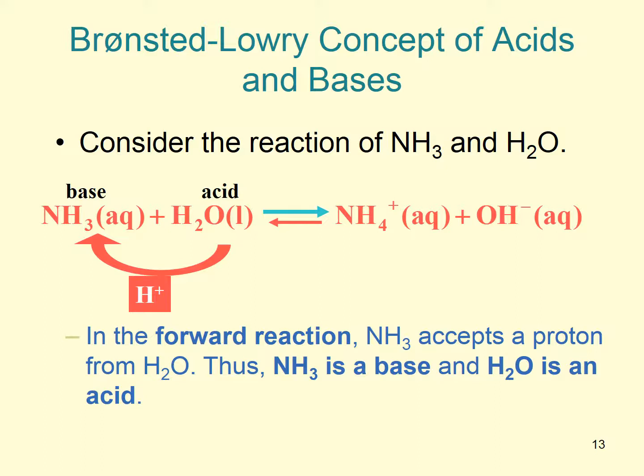So what's happened? It's gained an H plus. Whichever species gains an H plus is the base, or accepts a proton. So the NH3 is a base because it accepts an H plus, accepts a proton. In the same way, if you look by inspection, H2O becomes OH negative. So in the process of this reaction, the H2O has given away the H plus. It's an acid in this situation.